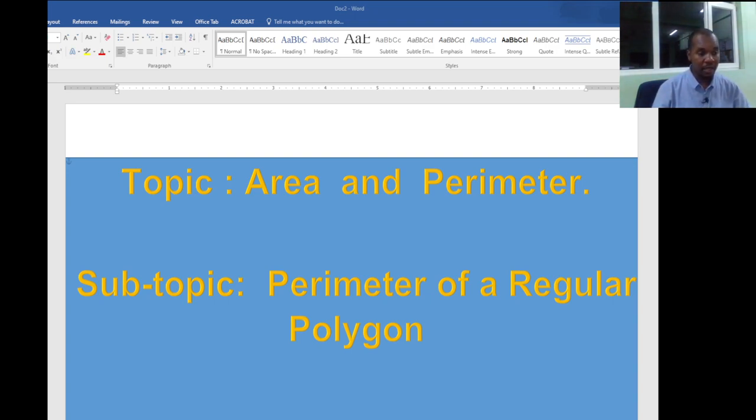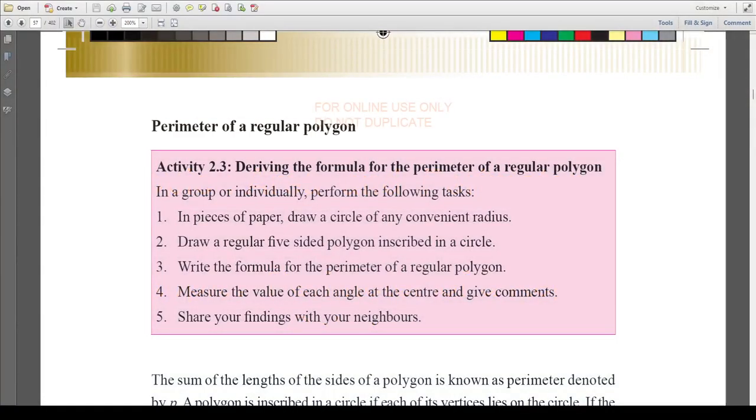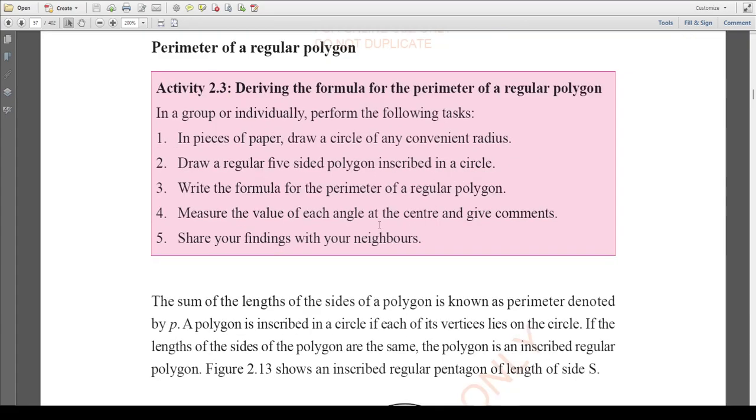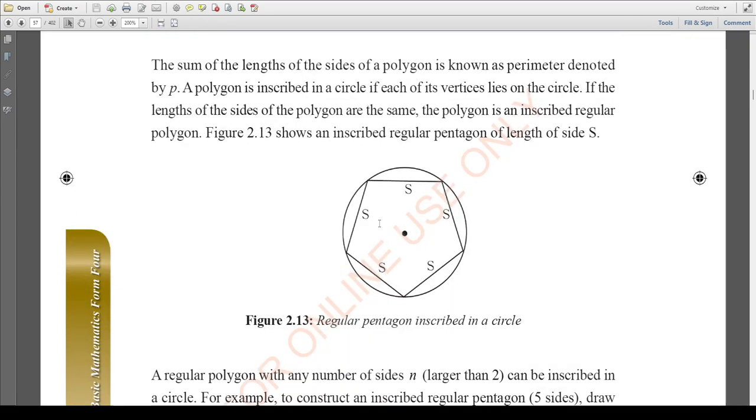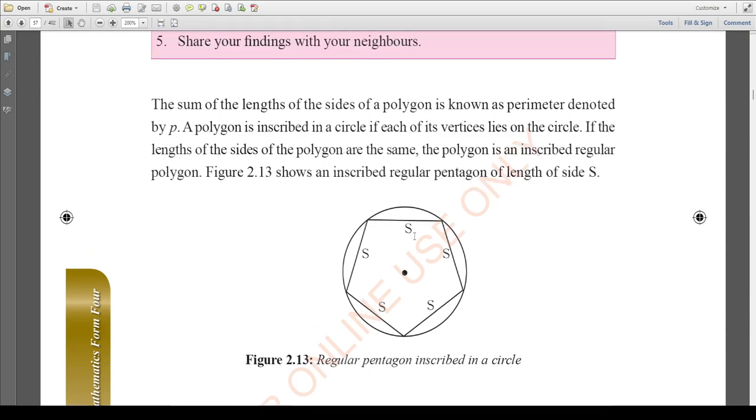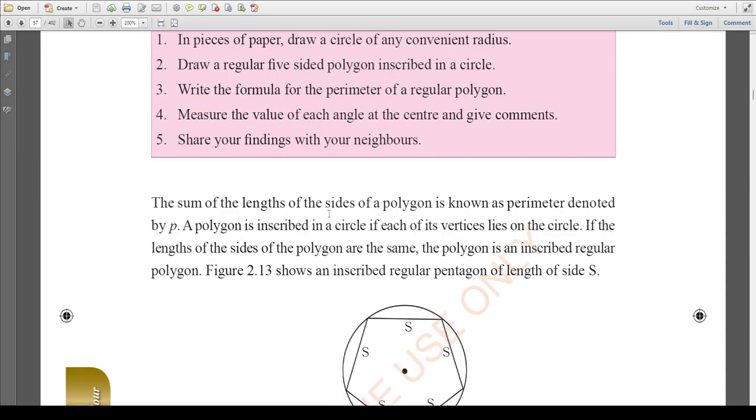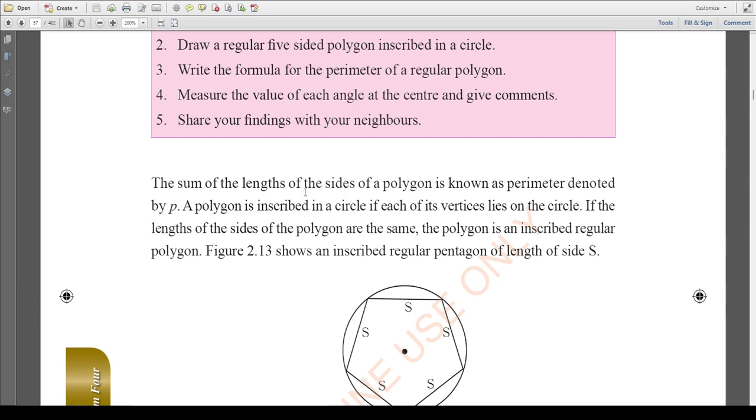So how are we going to find the perimeter of a regular polygon? We are going to consider a case in which we see a polygon inscribed in a circle. The sum of the lengths of the sides of a polygon is known as the perimeter. It means you take the summation of all sides.